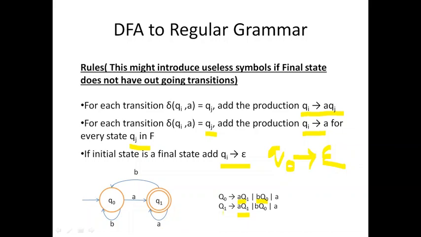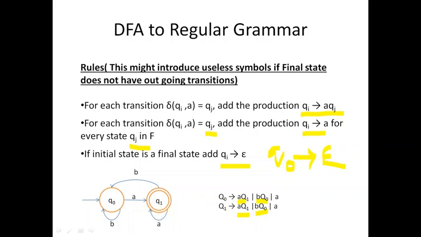So you add a production like Q1 giving small a Q1. Next, from Q1, you have a transition to Q0 on b. So corresponding to it, you add a production like Q1 giving small b Q0.